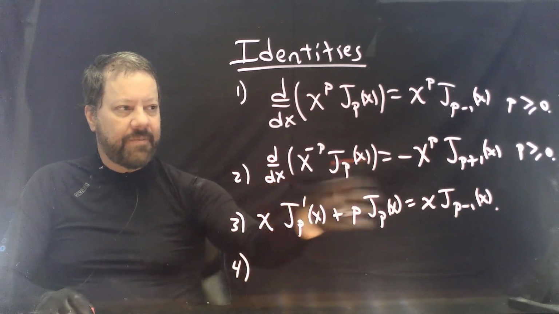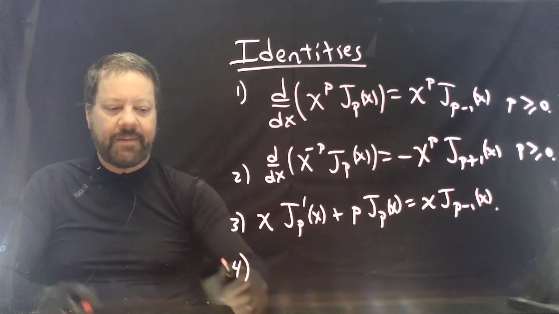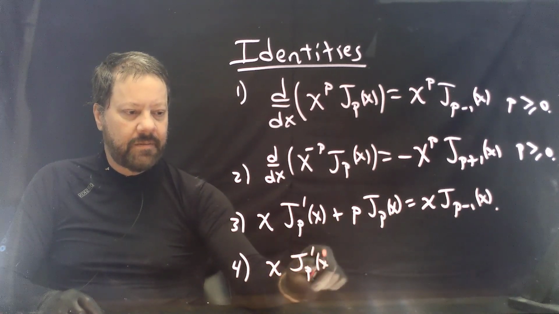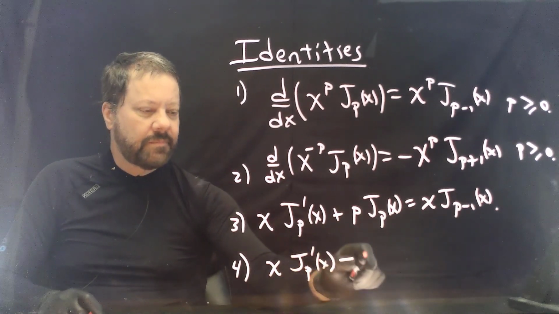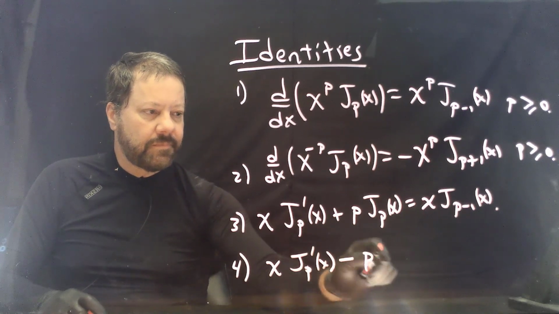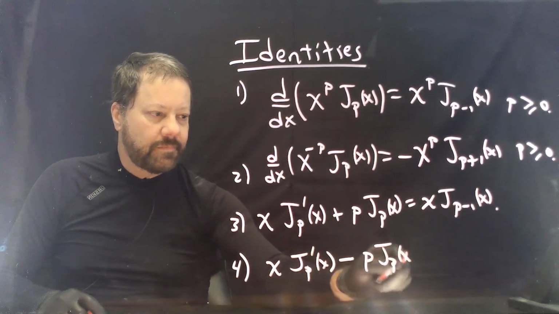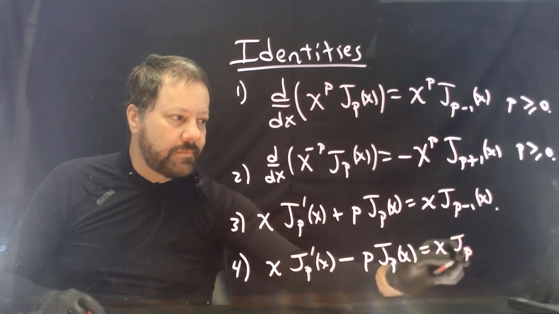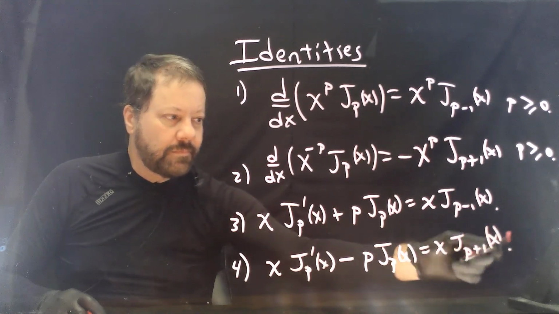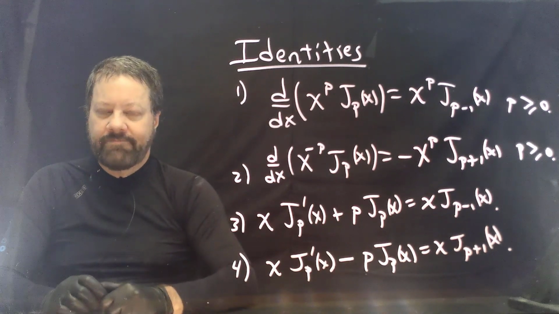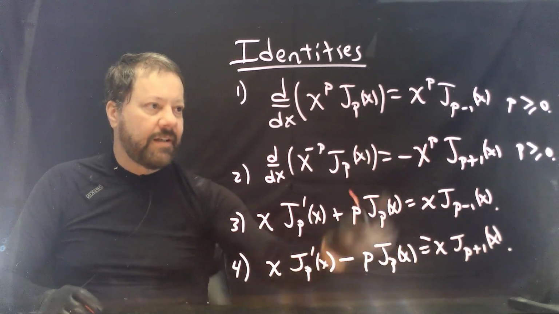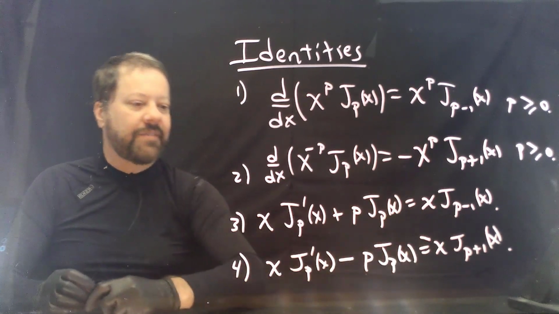Similarly, from the second equation, we can immediately write down the next identity. And we'll have to have a negative in here.